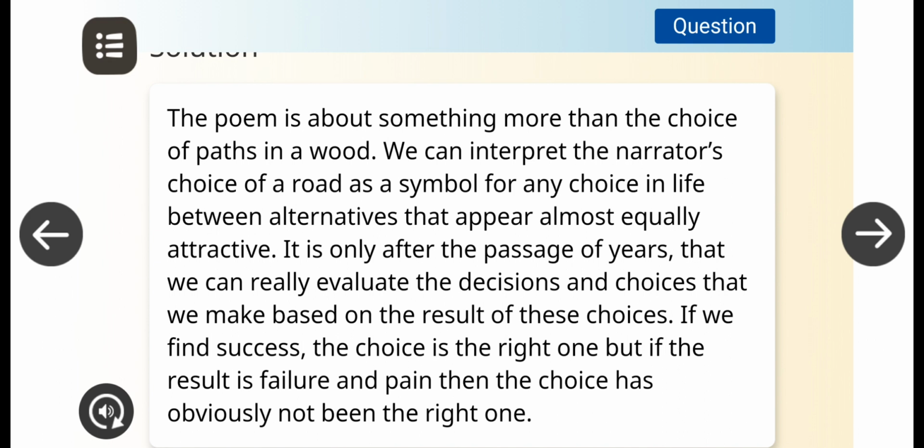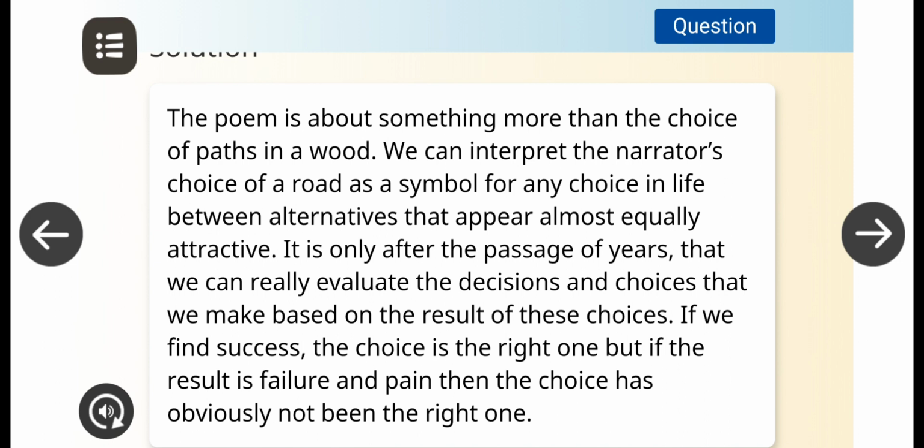And the road here is a symbol for life, and the choice of a road means the choice in your life, because there are many options, there are many alternatives that are almost equally attractive.